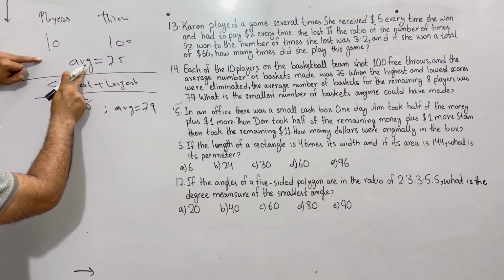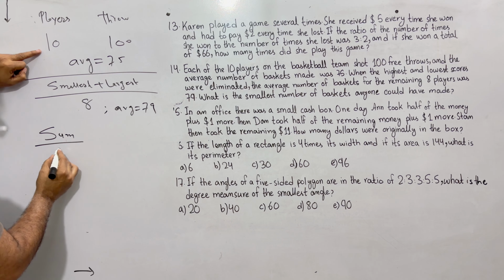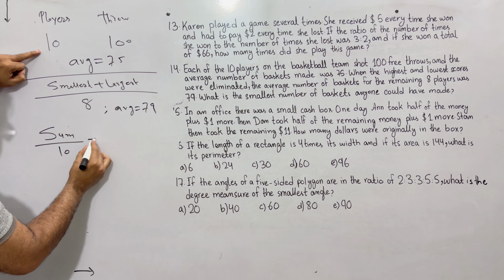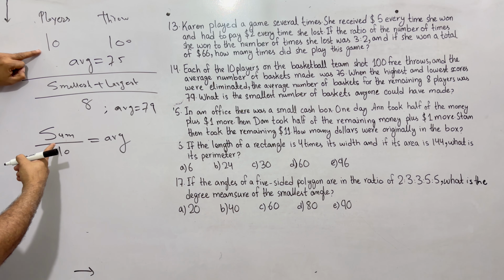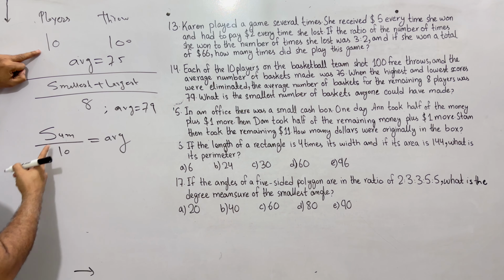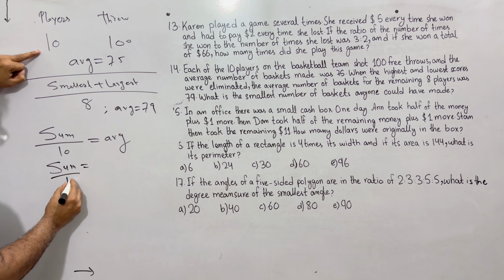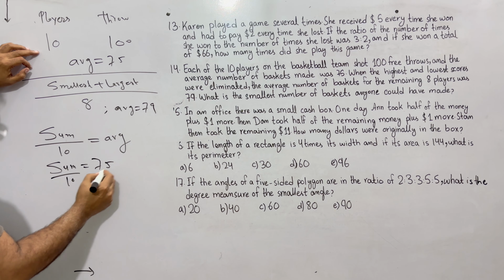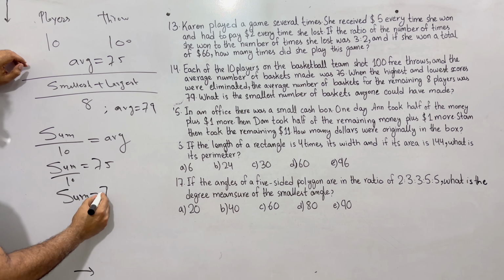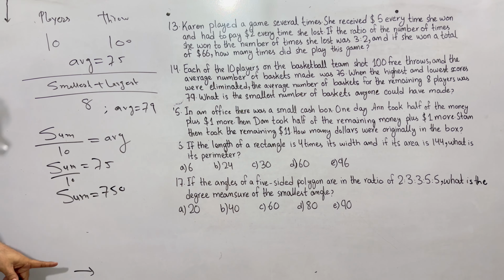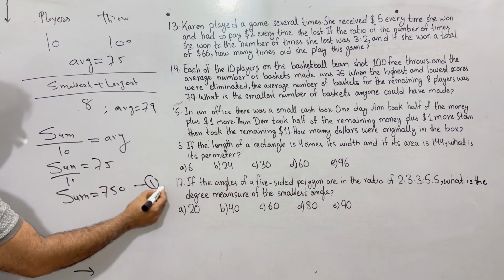Average is given by sum divided by the number of players. The average is 75, so the sum of the scores in free throws for all 10 players is 10 times 75, which is 750.